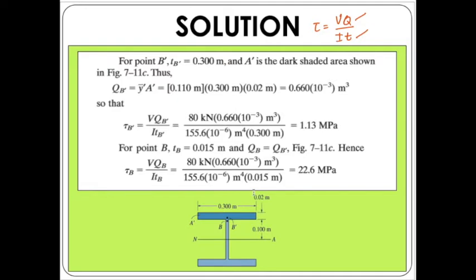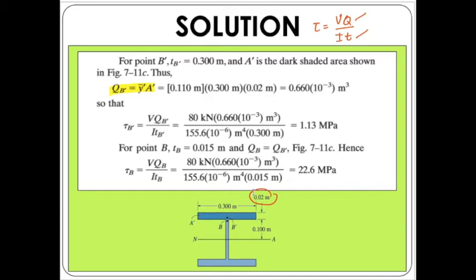For this part, we are going to consider the flange section, where the thickness of the flange section is 0.002, and that is the total width of the section. However, in the calculation of Q, we are going to consider the distance between the centroid of that particular segment and the centroid of the section.